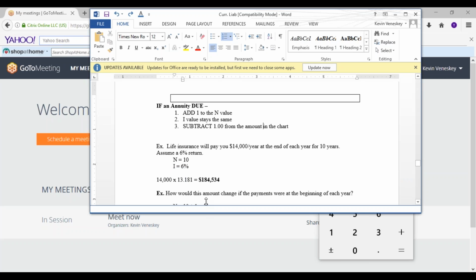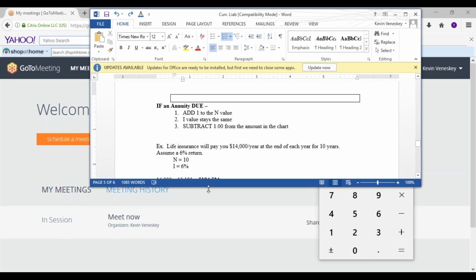Okay, so let's look at an example. We have a life insurance set up, and instead of doing it more commonly, which would be per month, since our charts don't go very high with N values, I'm going to just round it up and say we do it on a yearly basis instead of a monthly basis, which isn't necessarily how it really works, but we have to go with what we have on our charts.